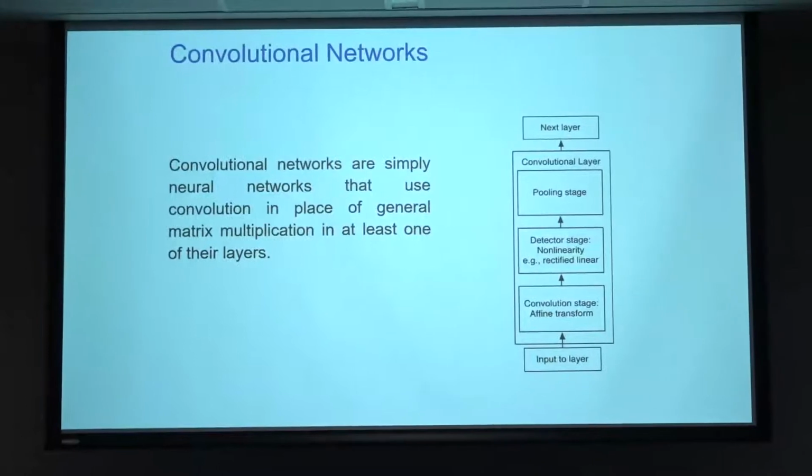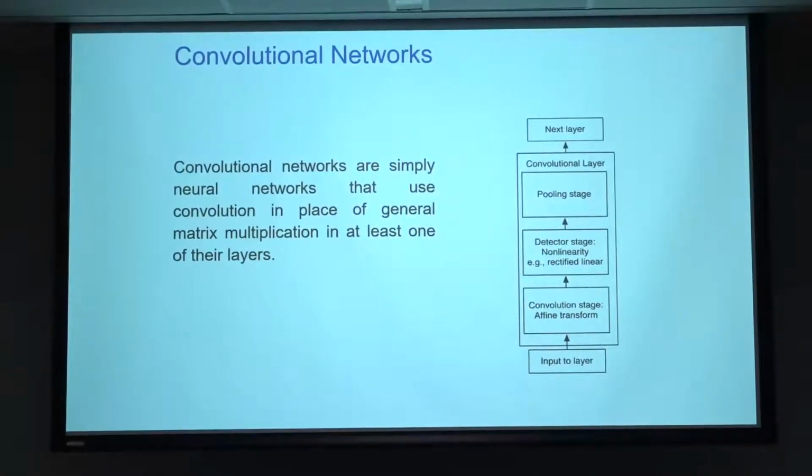Okay, so the next topic that we are going to cover in this class is the convolutional neural network. A convolutional neural network is a neural network which has a convolutional layer.